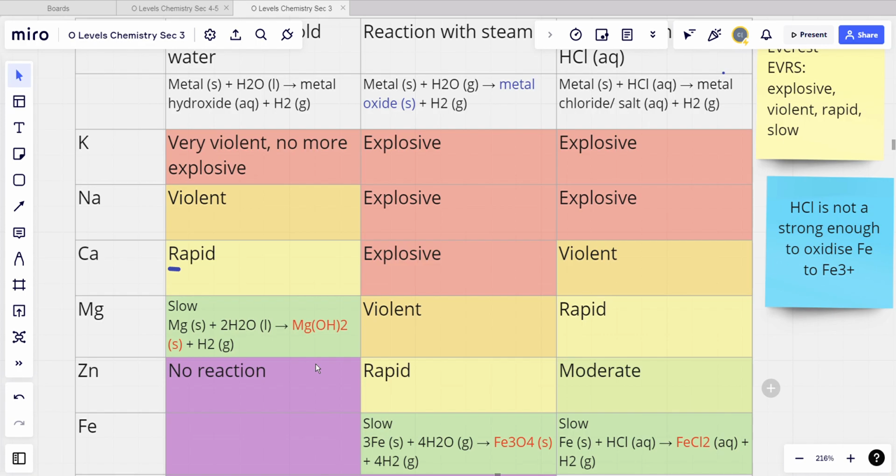It's a mixture of iron 2 oxide and iron 3 oxide. As I said, it doesn't come out all the time, but it's still in your syllabus.